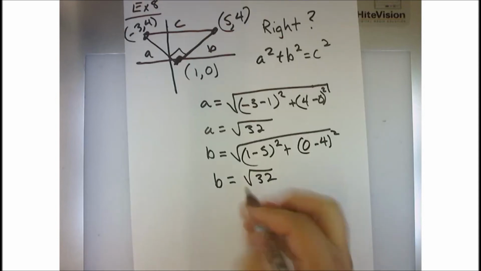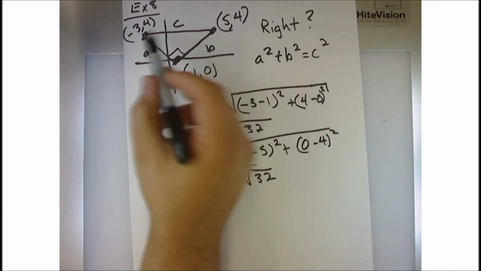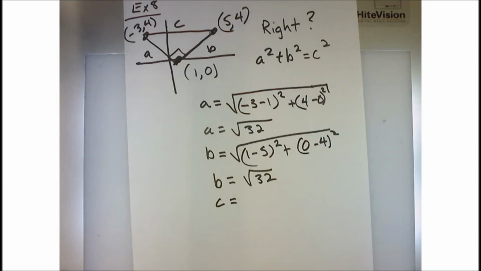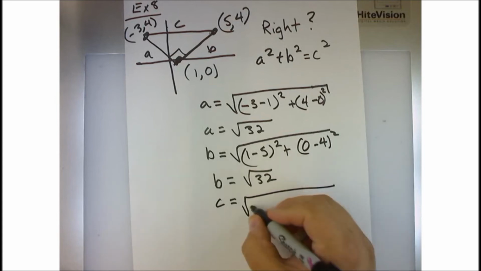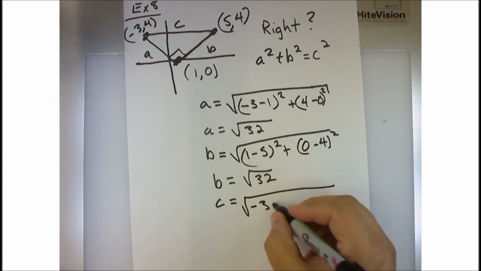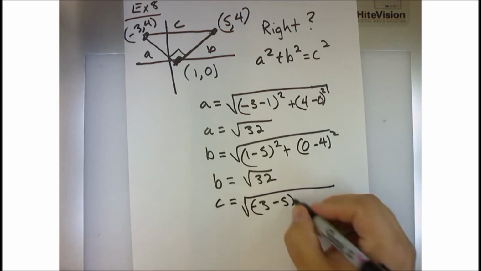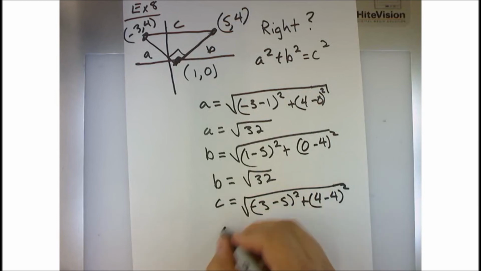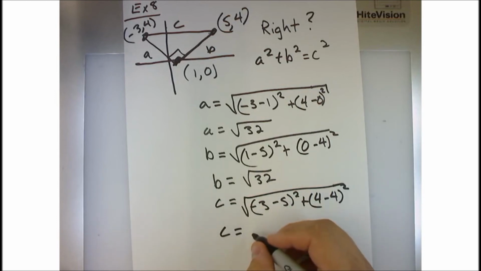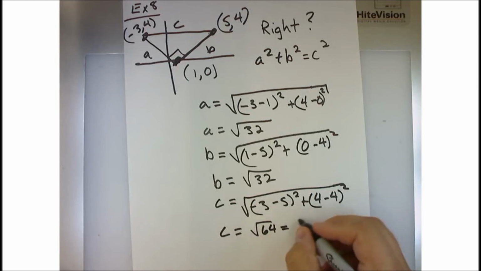And now to find the distance C from this point to this point, I use the distance formula, and I'm just going to plug in the numbers. -3 minus 5 squared plus 4 minus 4 squared. And if you crank through the math, that's actually the square root of 64, which is equal to 8.